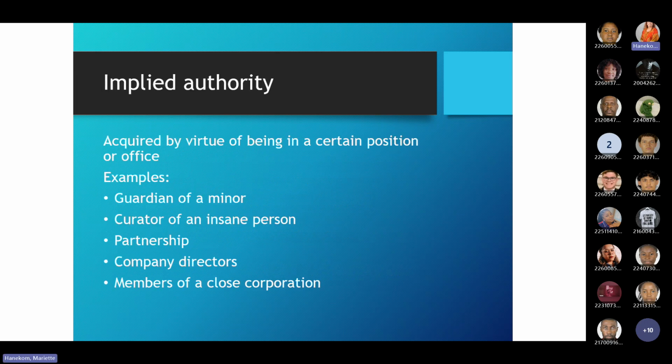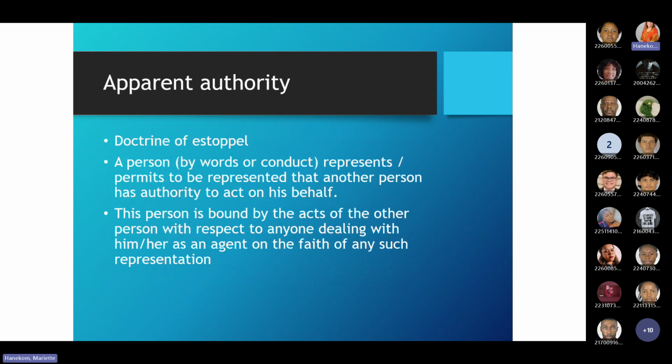But now what happens if for a period of time Roland was my agent? I'd appointed him as my agent. And every day he went to the same shop and bought a hamburger and a Coke on my account. And the shopkeeper knows I always come the next day or the end of the week, and I pay for the week.